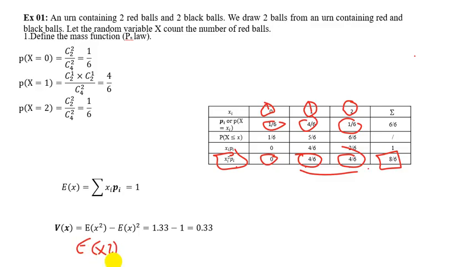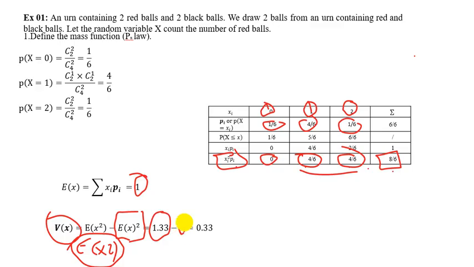So we said V(x) is E of x squared, which is 8 over 6, which is 1.33, minus E(x) squared, the expected value we found here, squared, which is 1. 1.33 minus 1 is 0.33.